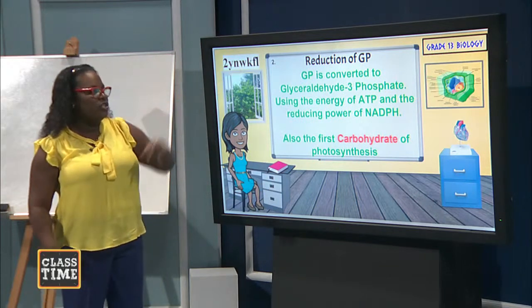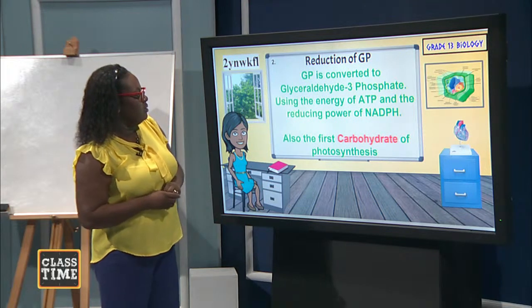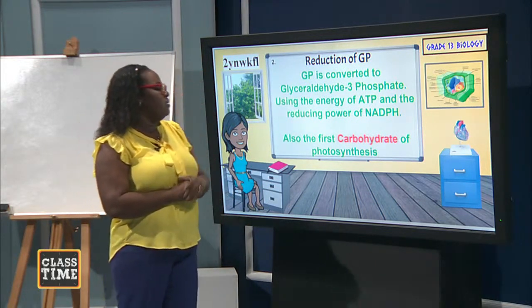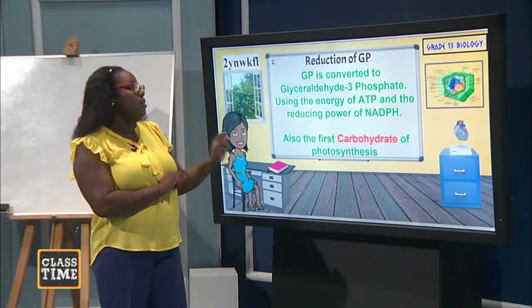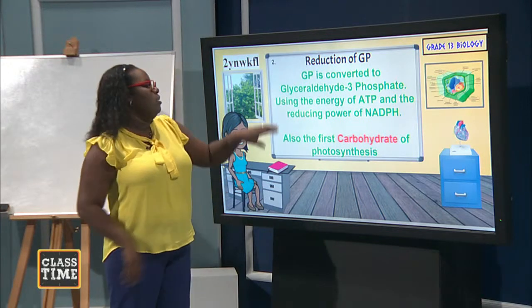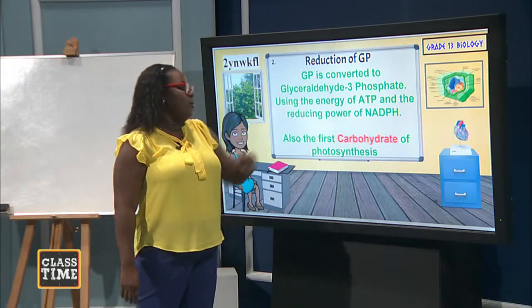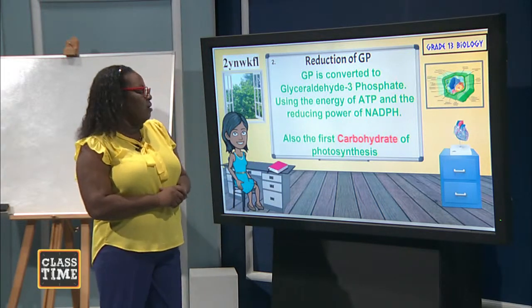Then we have reduction of the GP, or the phosphoglyceric acid. Sometimes we call it GP because depending on the book you read, you're going to see GP. Now, GP is converted to glyceraldehyde 3-phosphate, which is the first carbohydrate of photosynthesis, all right?